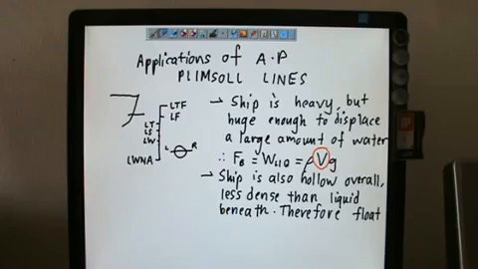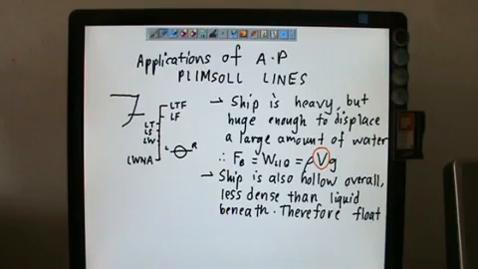Okay, the ship is really heavy, but it is also huge enough to displace a large amount of water. When it displaces a large amount of water, you know that buoyant force equals the weight of the liquid being displaced, which can be given by rho Vg. If you displace a large volume of water, which is the red circle V, you can have a very large buoyant force.